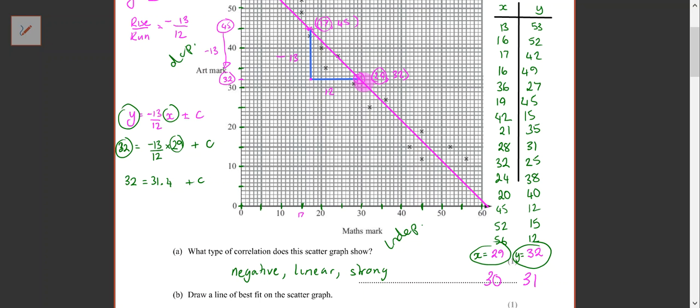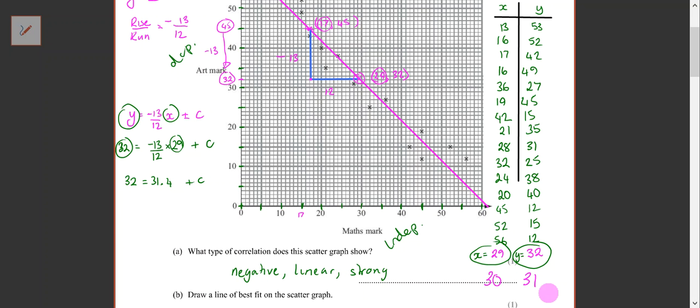How do you guys feel? If you were to plot 30 and 31 on your graph now, are you still pretty close to the line that you drew? Yeah? So are we good to carry on with our line and the equation of our line? We don't need to make any major changes? All good? All right, good.